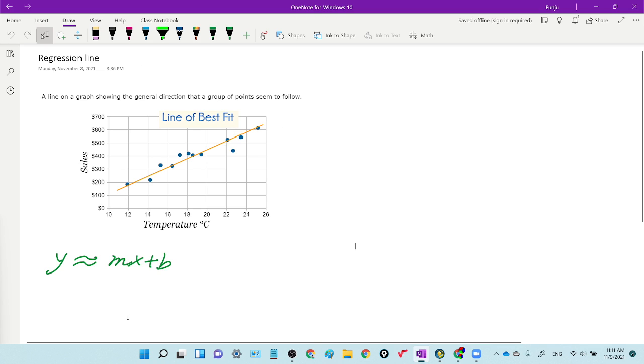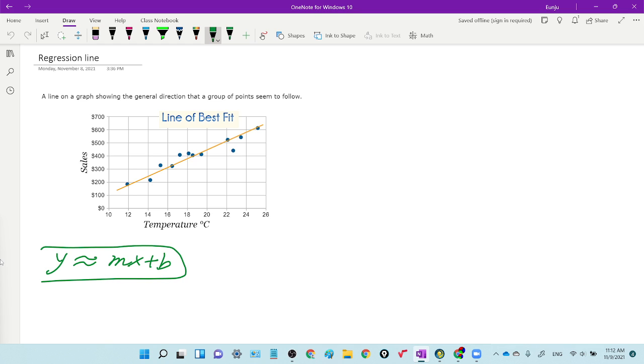I use the notation y = mx + b. m is the slope and b is the y-intercept. And instead of an equal sign, what did I use in the middle of the equation? That is the approximately equal to notation. I'm going to use the equation of a line approximately equal to, because it's not a straight line between 2 points. Among lots of points, I have a best fit line.